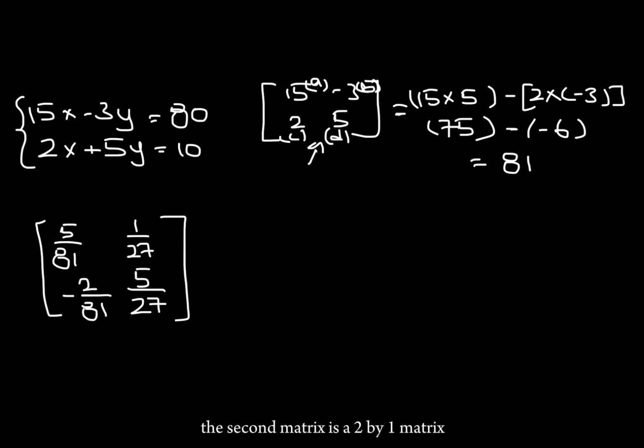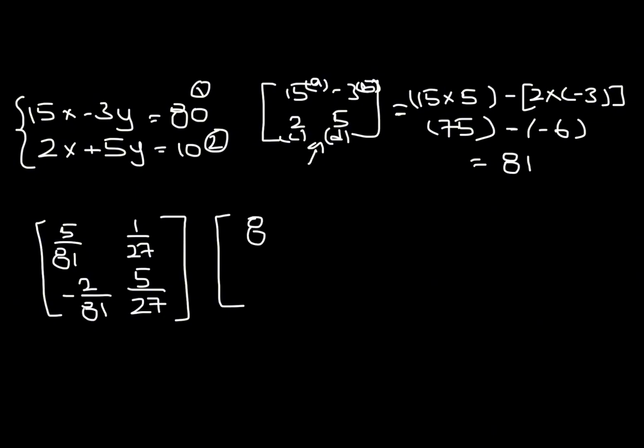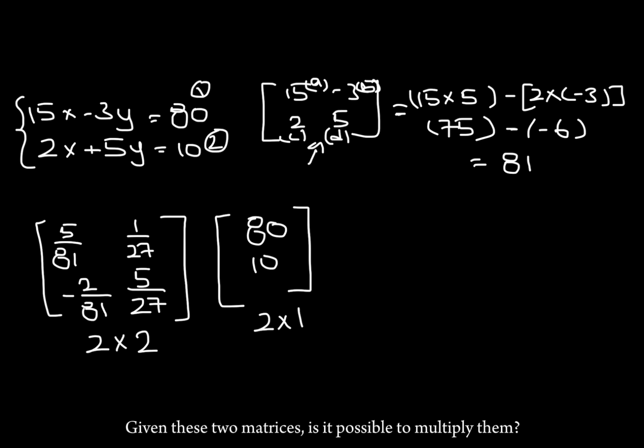The second matrix is a 2 by 1 matrix, and it consists of these two values, 80 and 10. Now, given these two matrices, is it possible to multiply them?